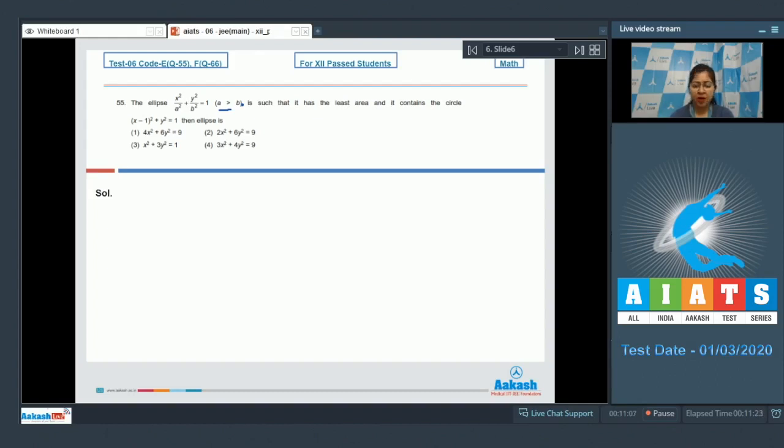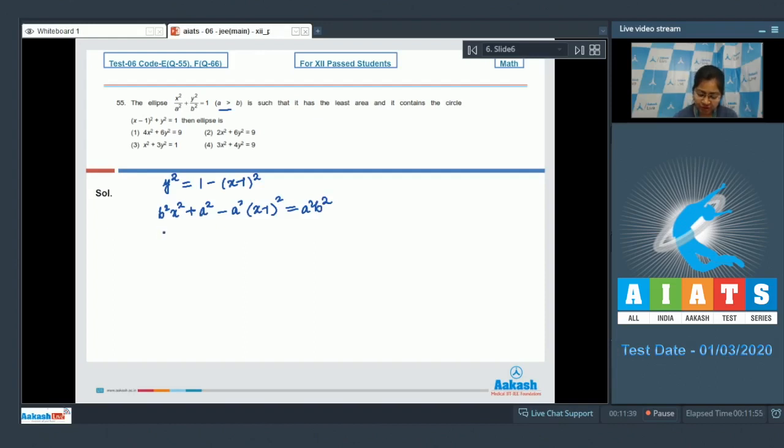See, for least area and it is containing the circle also, so it must be the condition of tangency, right? So let's put the value of y², that is 1 − (x − 1)², in the equation of the ellipse. So we have b²x² + a²y², that is a² − a²(x − 1)², equal to a²b², right?